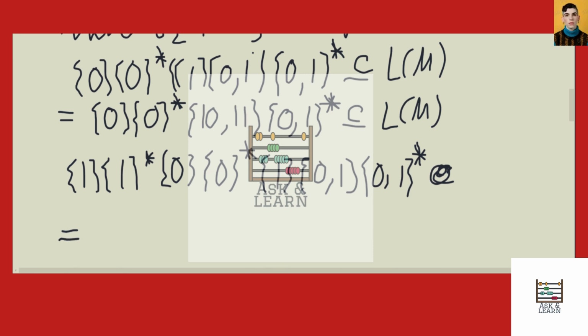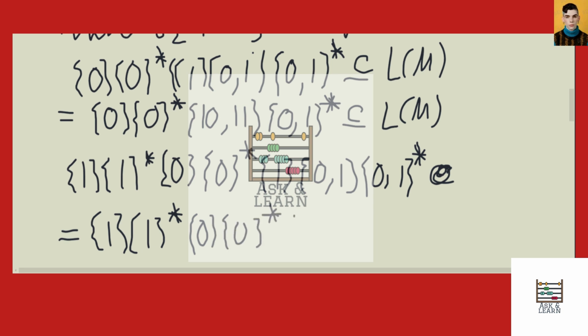And in fact this can be abbreviated by concatenating the set containing 1 and the Kleene closure of the set containing 1, the set containing 0 and the Kleene closure of the set containing 0, the set containing 10 and 11, and the Kleene closure of the set containing 0 and 1.